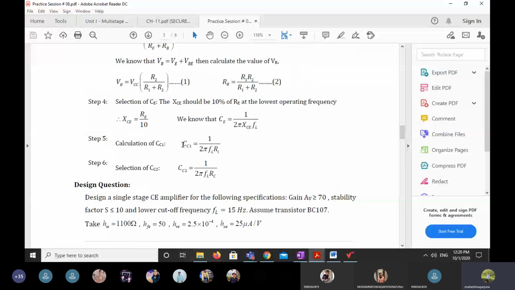When you calculate the formula, FL is equal to 1 by 2 pi R C only, and this FL will come on the input side. R becomes Ri, C becomes CC1, that is the input impedance and input capacitance. If you want to calculate for the output, the same formula again, FL equals 1 by 2 pi R C only, but the resistance becomes RC, that is the output resistance, and CC2 is the output capacitance.